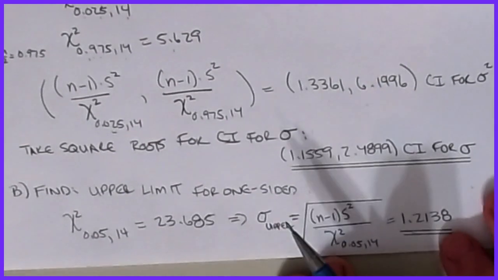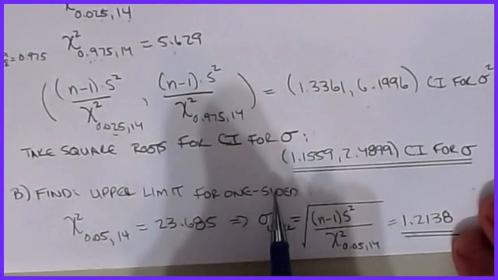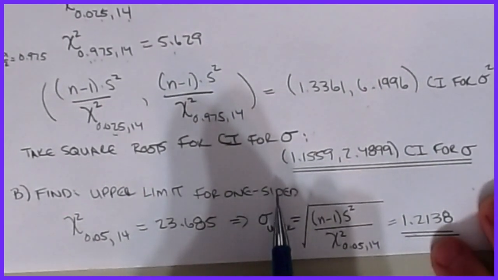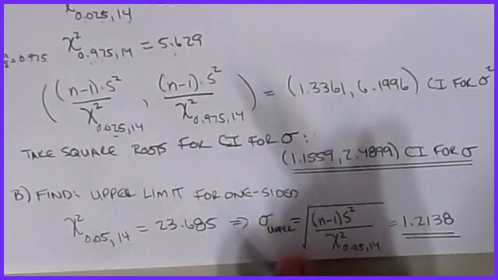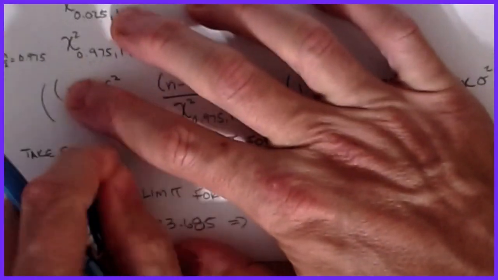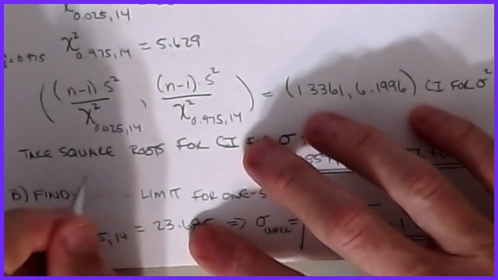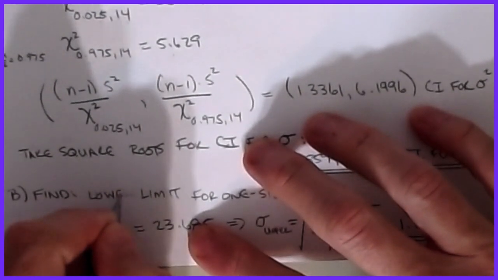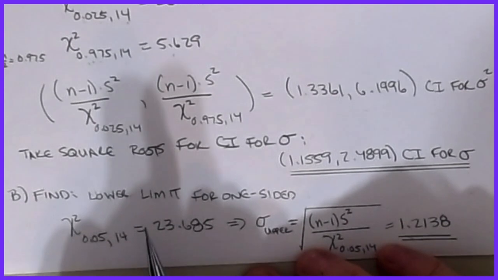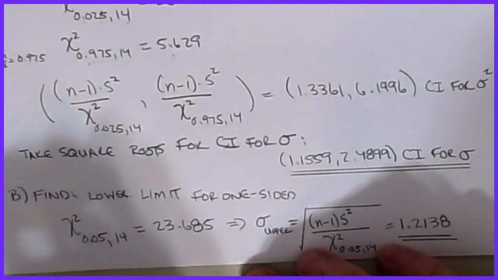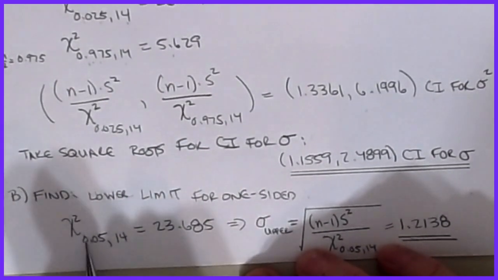If I want to find the upper limit for a one-sided interval, then all I'm going to do is take the chi-squared of 0.05. That should be the lower limit.